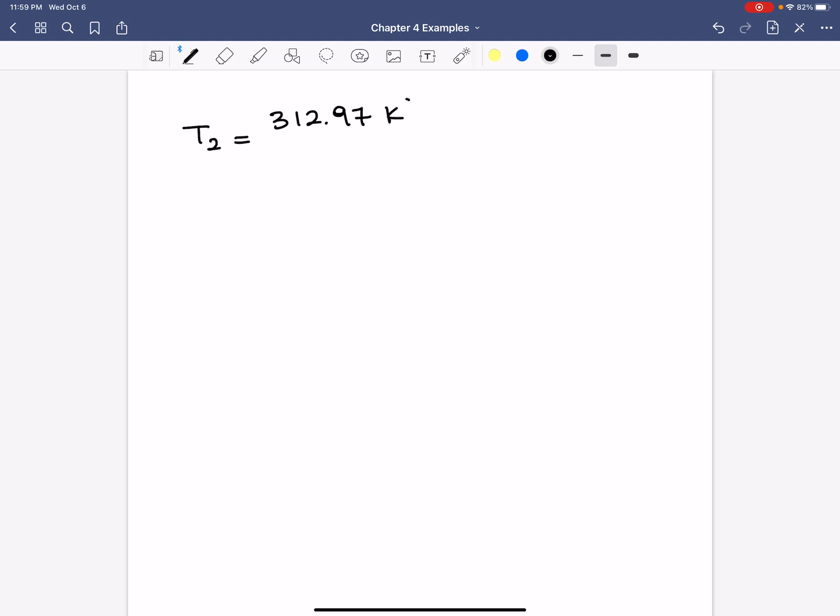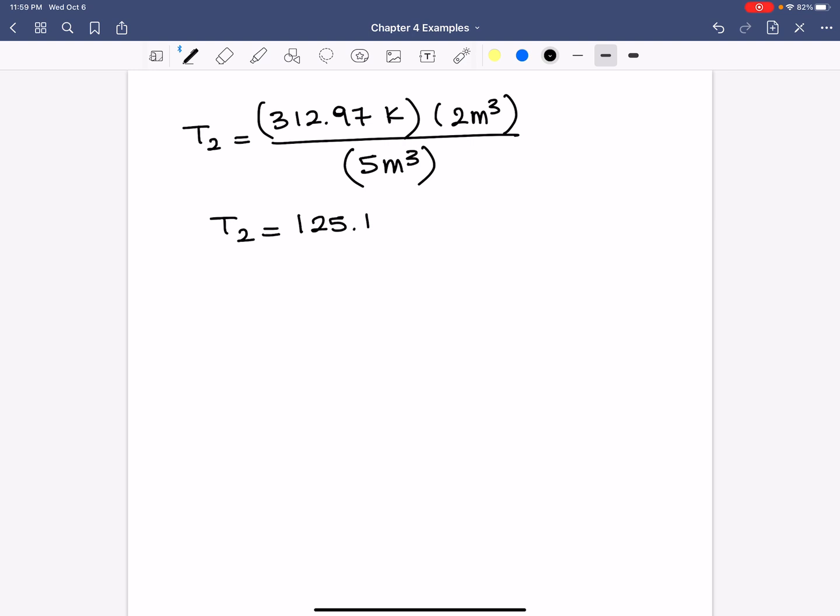T1 is this, and then V2 is 2 meter cube over V1 is 5. Then the second temperature is 125.19 Kelvin. Okay, we were able to figure out both first and second state temperatures for this gas.